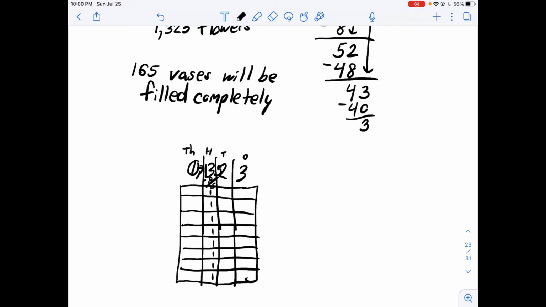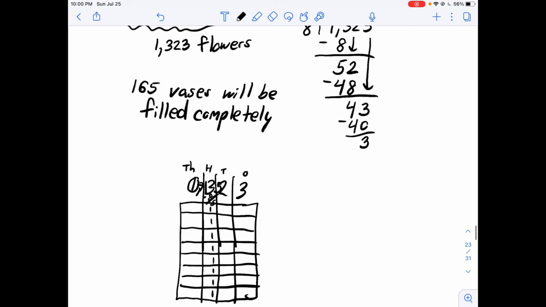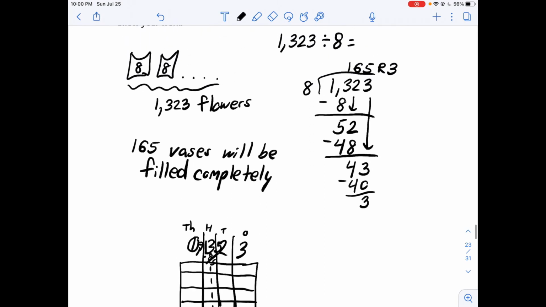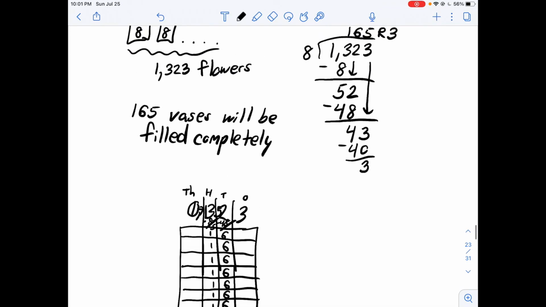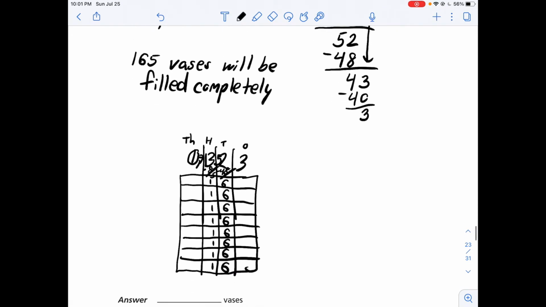Okay, so if I have 52 and I have 8 groups, how much can go into each group? Well, 6 can go into each group. Do you see a similarity between the algorithm and this way? So 6 in each group. 6 times 8 is 48. I subtract 48, and that is going to be 4.